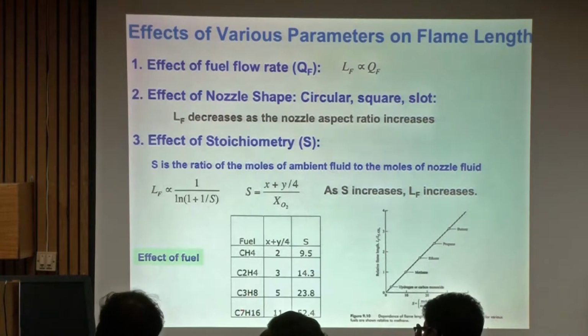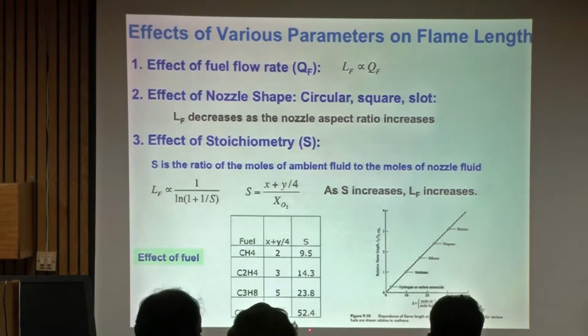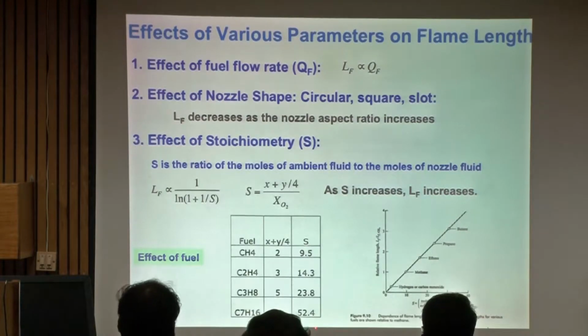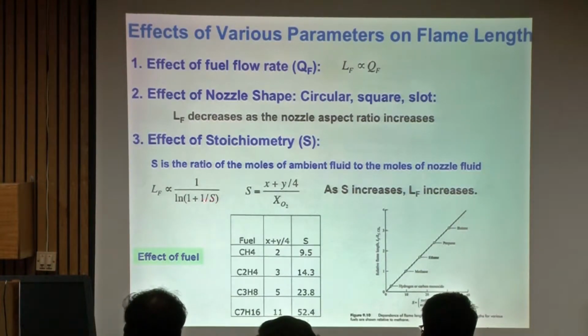As you go to larger hydrocarbons, the number of moles of oxygen is increased, and so the number of moles of air is increased. You can see that as S increases, this factor 1 over S will decrease. So this 1 plus 1 over S goes close to 1, and log of 1 is 0, close to 0.